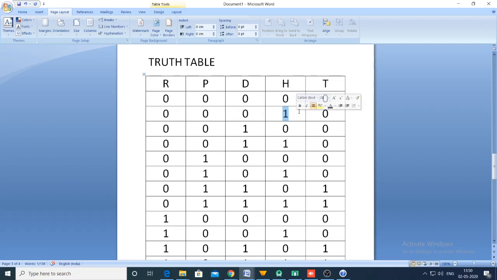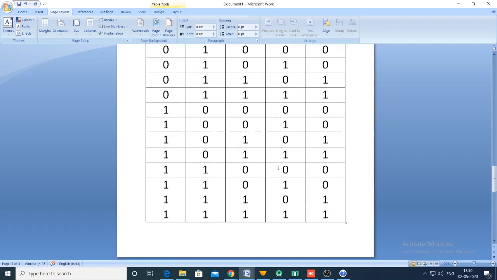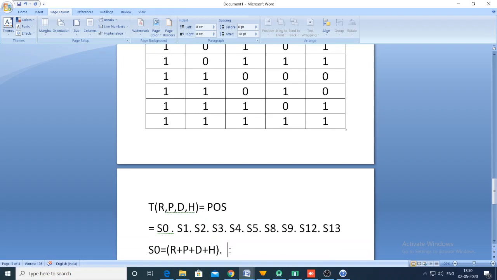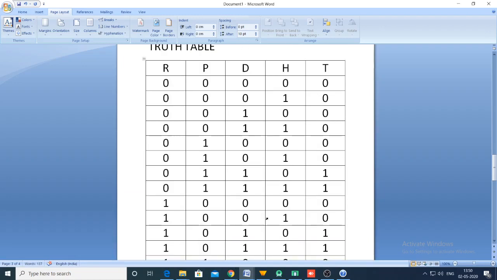We have to take the inverted value of H. So the second expression will be R plus P plus D plus H bar. This is how we have to make the respective sum term from each combination.